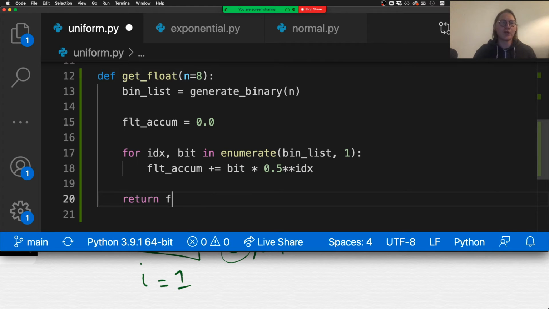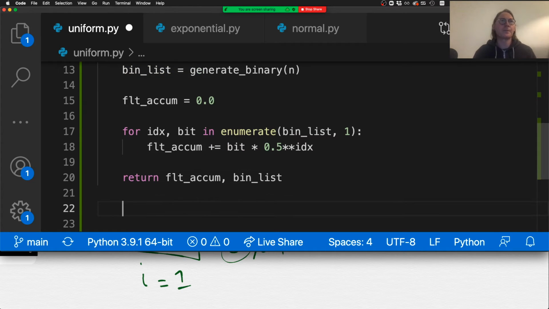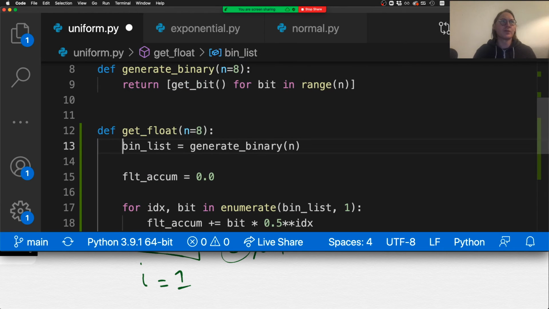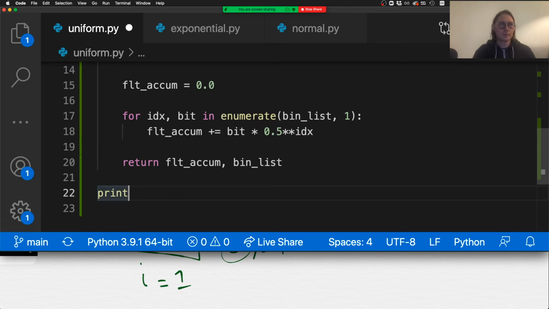And then we can just return the float accumulator and the binary list. So if I print the result of get float, I'm going to see something.